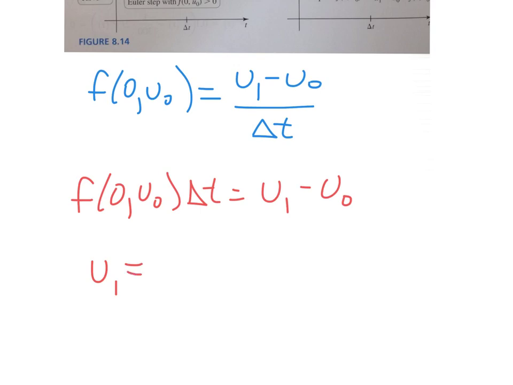And so then our next step would be u sub 0 plus the slope, the slope of the original point. Again, this is our initial value. When t is 0, we have this exact value for our y function, our unknown function here.